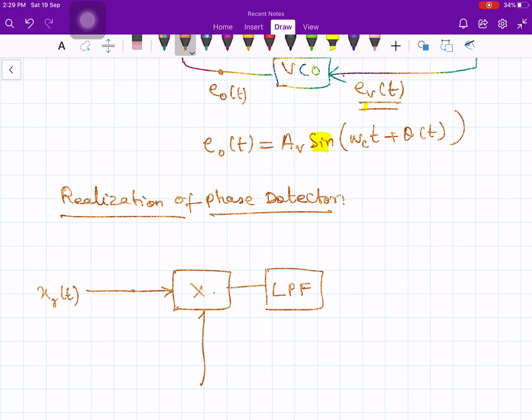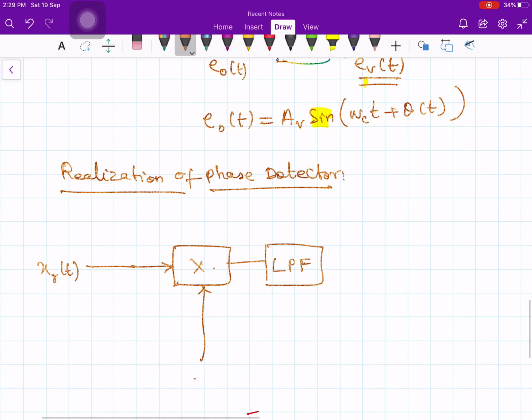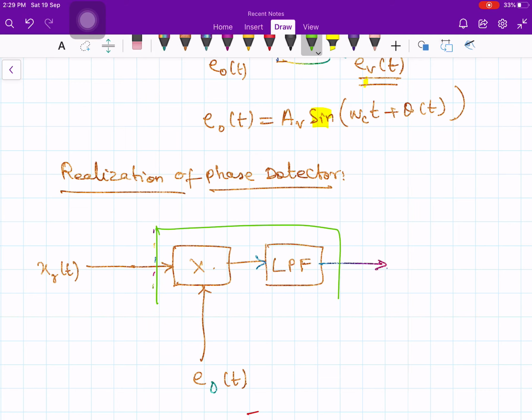So this is my e suffix o of t, the output of your voltage controlled oscillator. This is my output, and these two blocks together are called a phase detector.